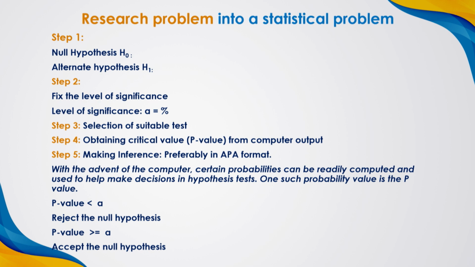One such probability value is the p-value. Now, I will tell you how to use the p-value in testing. If the p-value is less than alpha, reject the null hypothesis. If the p-value is greater than or equal to alpha, accept the null hypothesis.